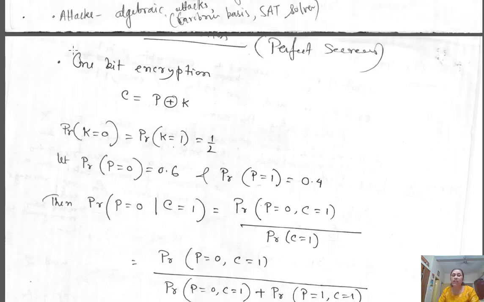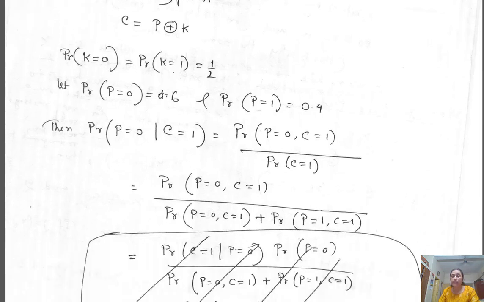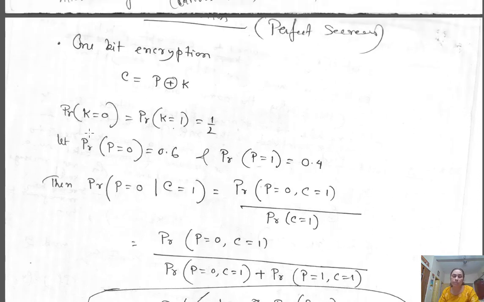So if you consider one-bit encryption, it is giving you perfect secrecy. In this instance the probability of P equal to 0 is 0.6 and of P equal to 1 is 0.4. If these probabilities are different also, check what you get. The same calculation will give you perfect secrecy. Whatever probability you put here will give you perfect secrecy.